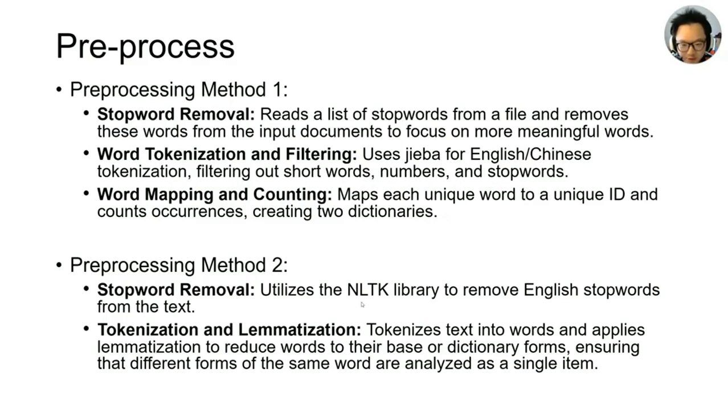It used a different library called NLTK to remove the stop words and then do the tokenization, and also perform an additional step called lemmatization, where similar words are combined into the same form. Both methods have applied stop word removal so that for the following modeling, there won't be any background topic.